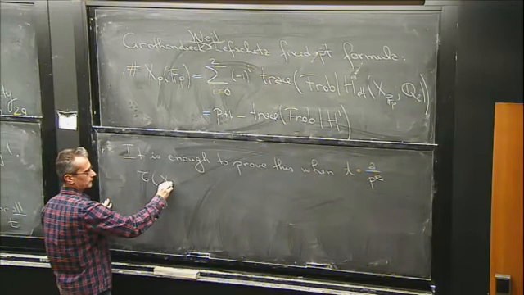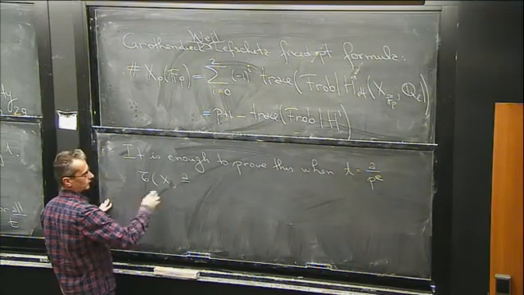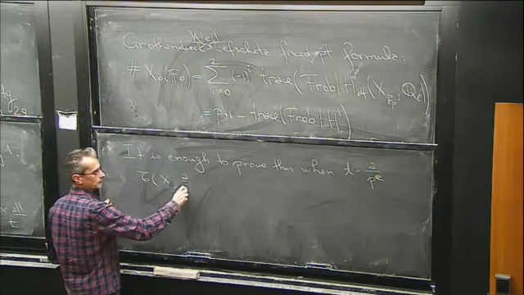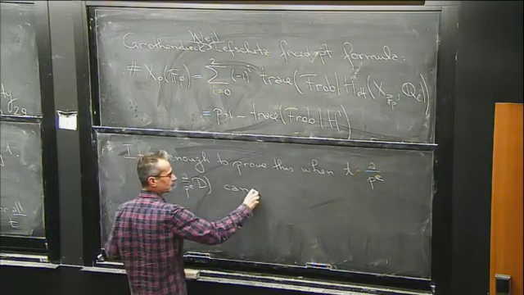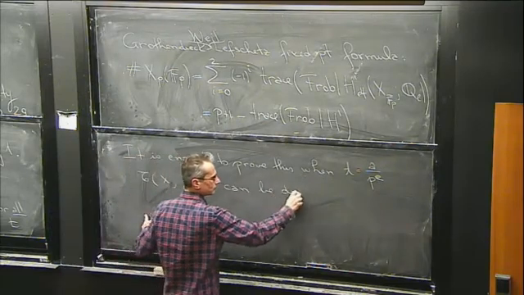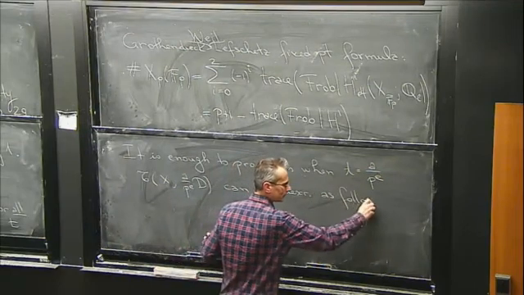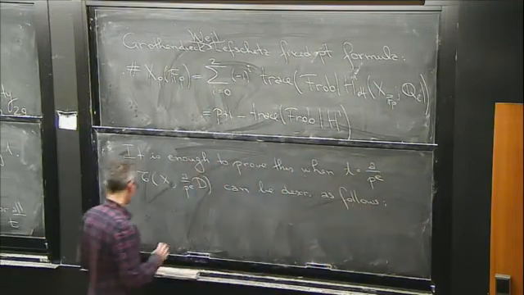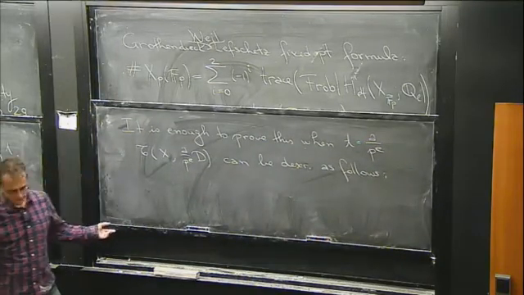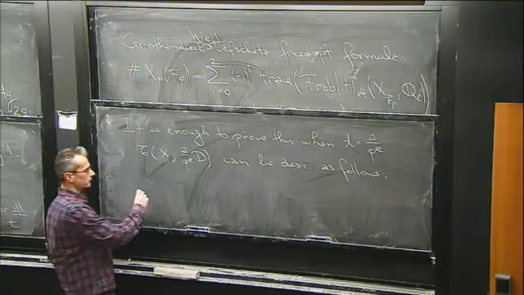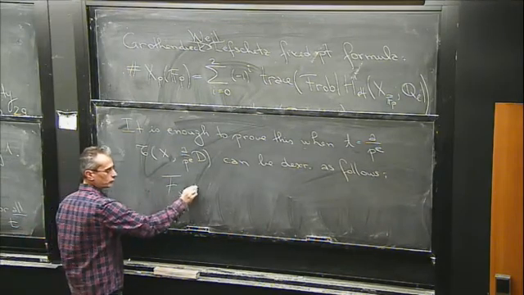It can be described as follows. The key gadget in this setting is the trace map that Kevin alluded to. Since X is smooth, we have this morphism that goes from the pushforward of omega to omega.